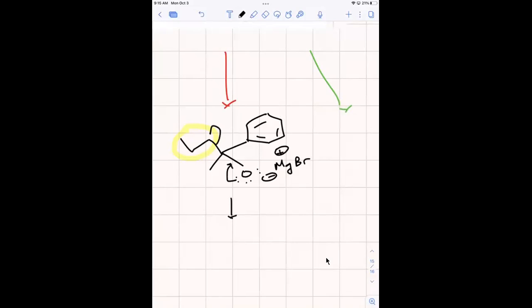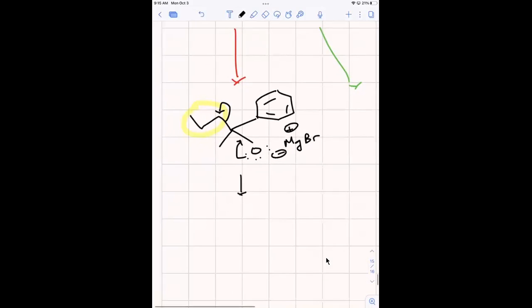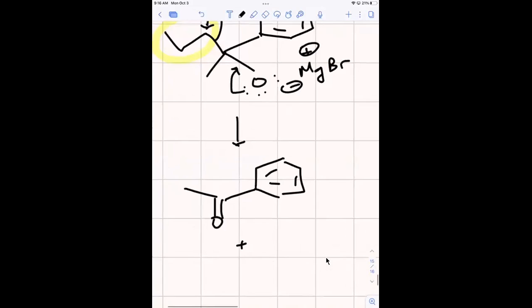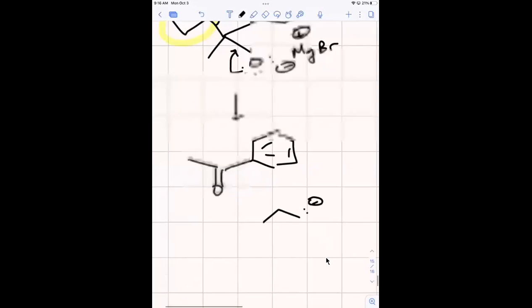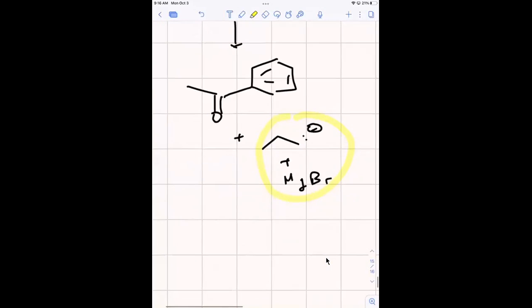This one, like that, you're saying? Yes. Right, so it's going to leave me with a ketone that looks like that, plus that, plus that, right? And we know that these two eventually end up as a Grignard, as your reagent.